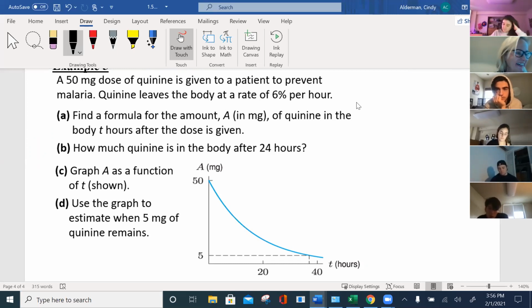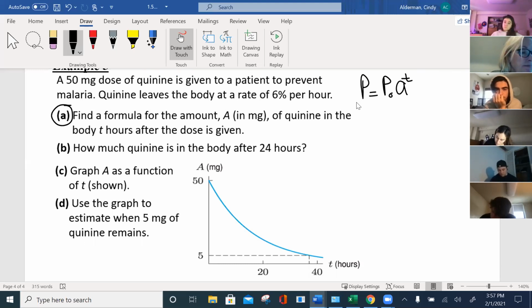Thank you. Okay. So first, to find the formula, we're going to start with the formula. The formula is P equals P sub 0 a to the t power.